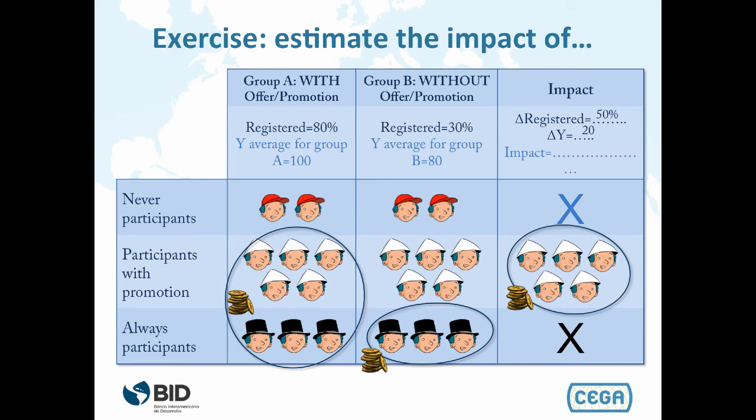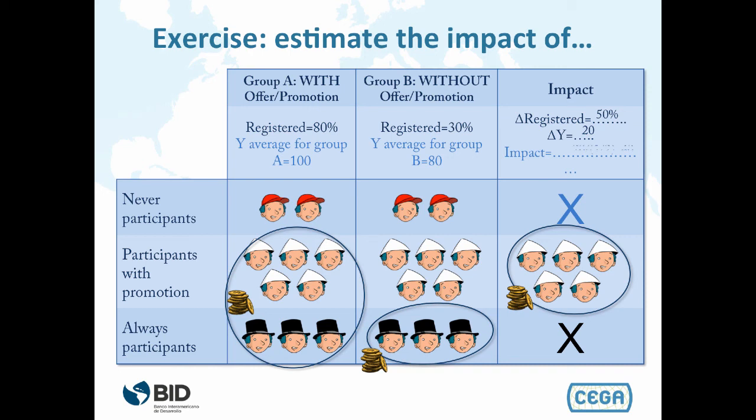Y is all driven by only the half of the population who would have done two different things with promotion and without promotion. That 50% of the population. So if we assume that the only difference with and without the promotion is differences in the white hat's behavior, then what we need to do is blow up the change in Y by the share of the population for which there's some action.